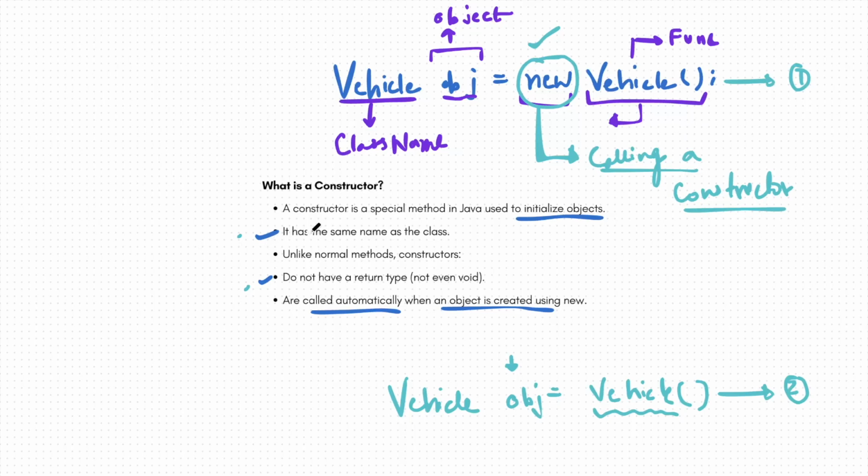It says it has the same name as the class. So let's define a constructor for this class. It means I have to define a function called Vehicle, as simple as that, and the function starts here, the function ends here. So the constructor is always defined inside a class, and the constructor will have the same name as the class.